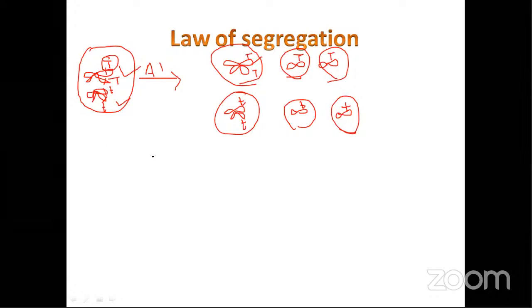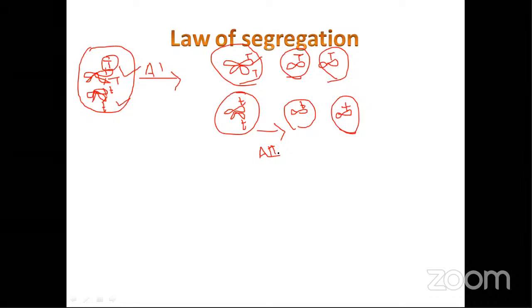So this diagram tells you what is happening in anaphase 1 and what is happening in anaphase 2. That is how the law of segregation is actually working. The separation of homologous chromosomes during meiosis is the major reason behind the working principle of the law of segregation.